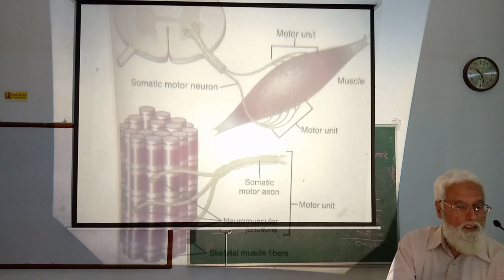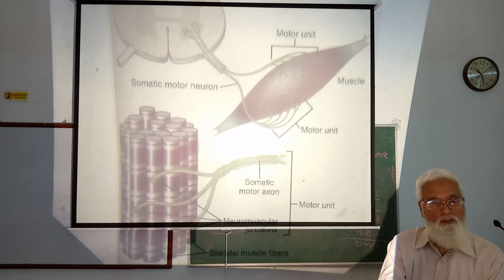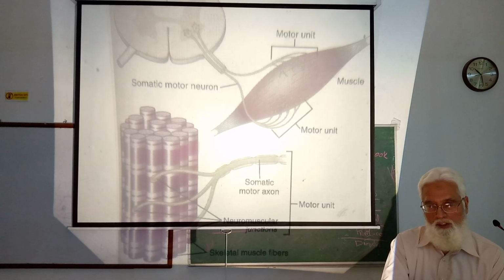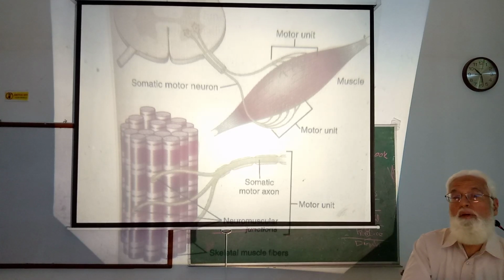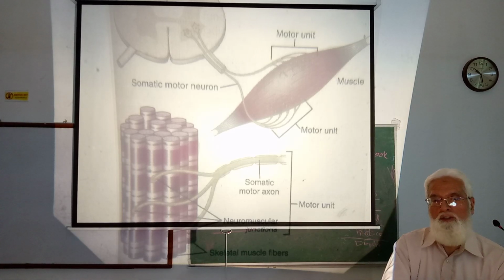But some of the motor nerve fibers remain intact and normal. These intact nerve fibers branch to innervate the paralyzed muscle fibers.